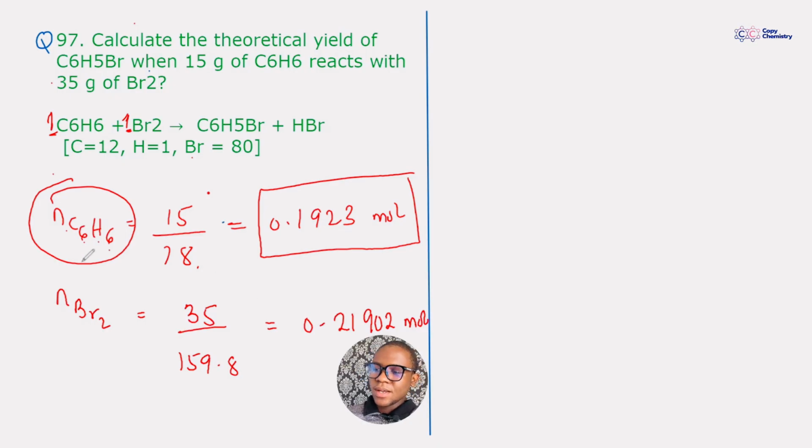So after getting our limiting reagent as benzene, it means I'm to compare benzene with bromobenzene. Okay? So from the balanced equation, I can see that 1 mole of benzene helps to produce 1 mole of bromobenzene.